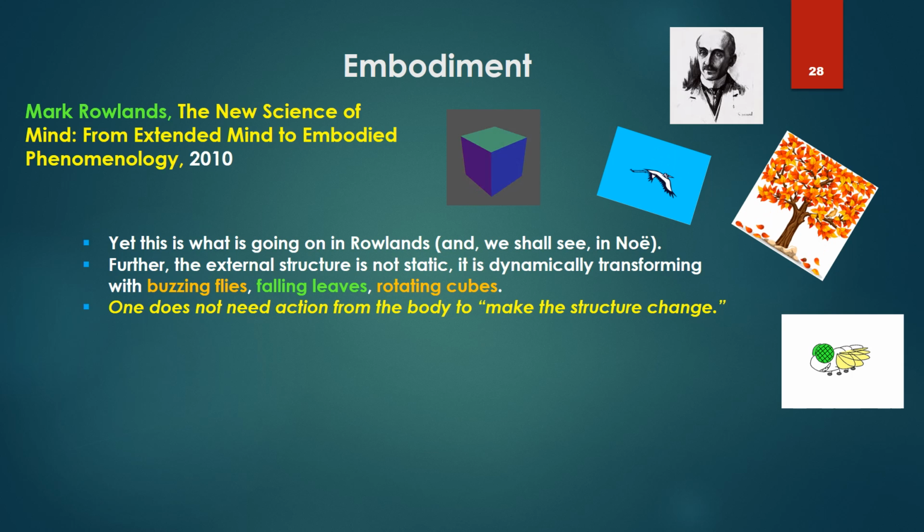Further, the external structure is not static, it is dynamically transforming, with buzzing flies and falling leaves, flapping winged herons, rotating cubes. So this is interesting because one does not need action from the body to, quote, "make the structure change," unquote. There's plenty of change without the body acting.